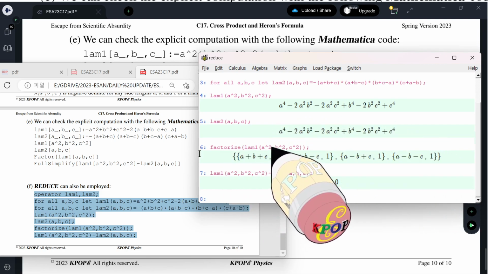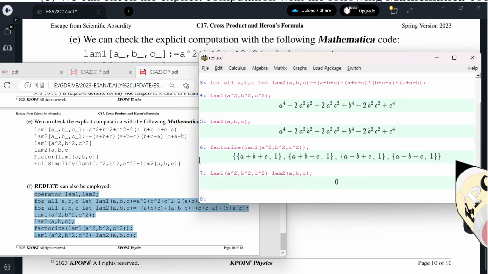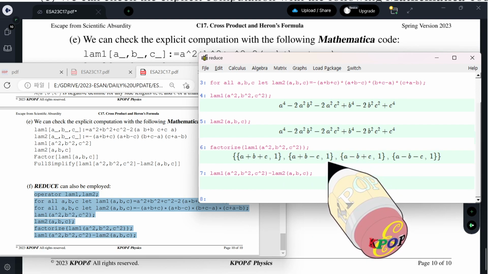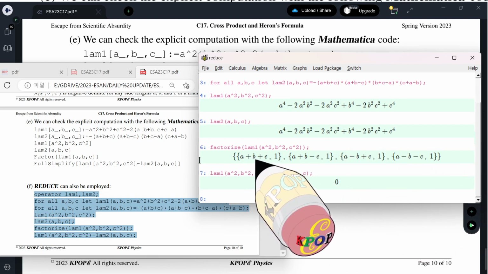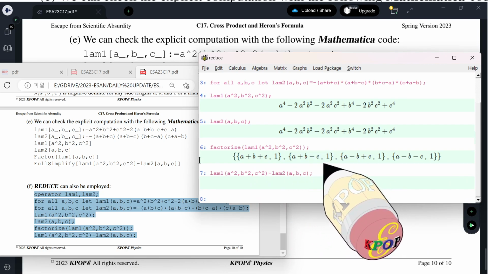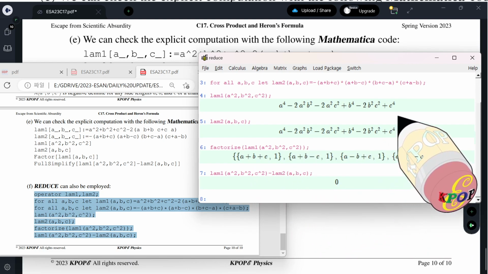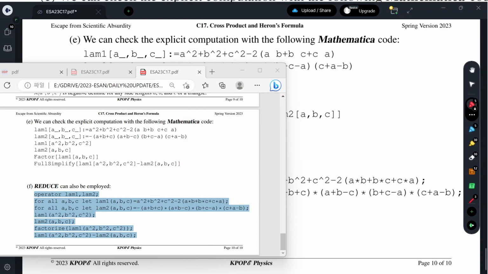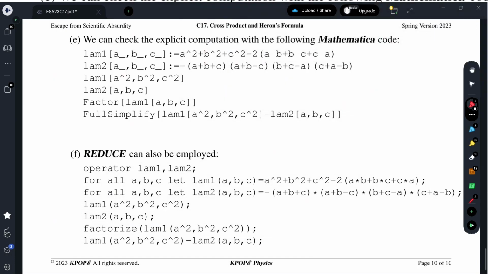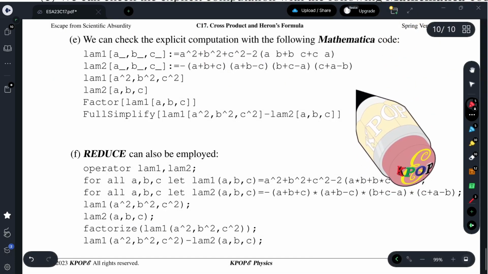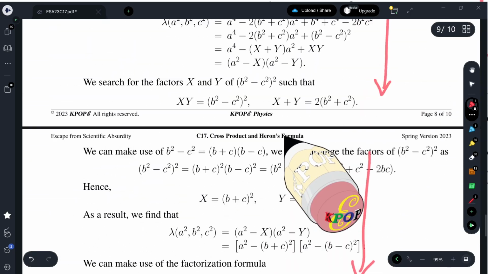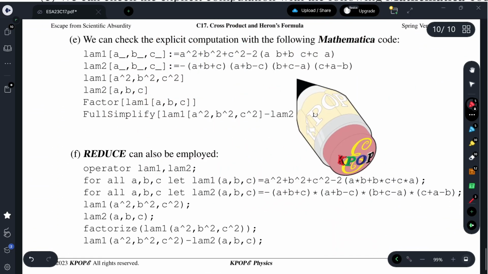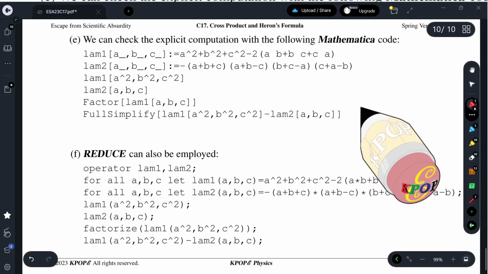If I ask it to factorize, it gives the list, and these are factors, and this number 1 is a power of that factor. So we have 4 linear factors. So today, using the vector algebra, we were able to reproduce Heron's formula in a very simple way, and the tedious calculation of factorization or expansion was reproduced by computer algebra in a very, very easy way.